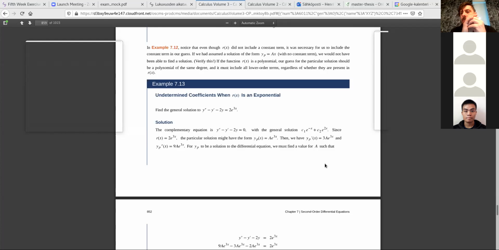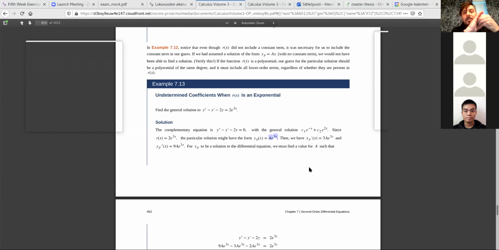We must check that the right-hand side is not one of these solutions. And it's not in this case, because we got 2 times e to the 3x, and there's no e to the 3x here. So we try a particular solution that is simply something times e to the 3x.